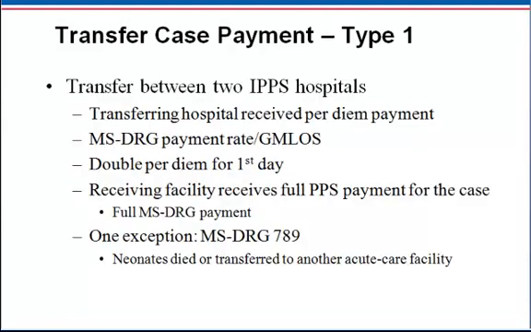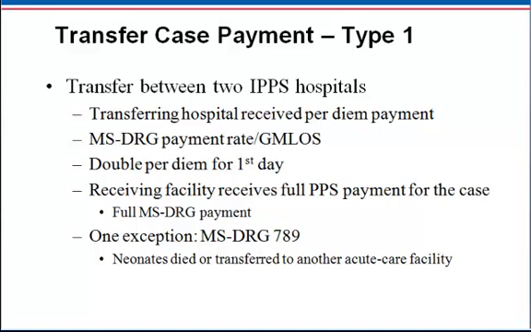So what happens when a patient starts at one facility and goes to another, and they're both participating in the inpatient prospective payment system? The transferring hospital receives the per diem payment. The MS-DRG is established for the case, and the full payment rate is calculated. This payment rate is then divided by the geometric length of stay established for that DRG, thus creating a per diem rate.